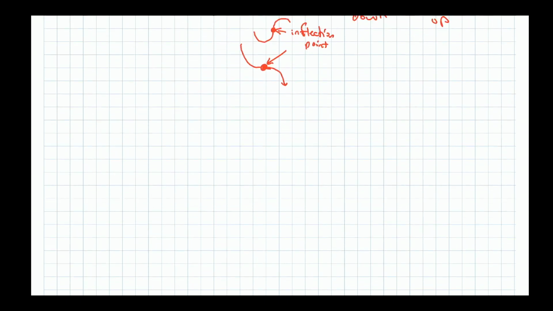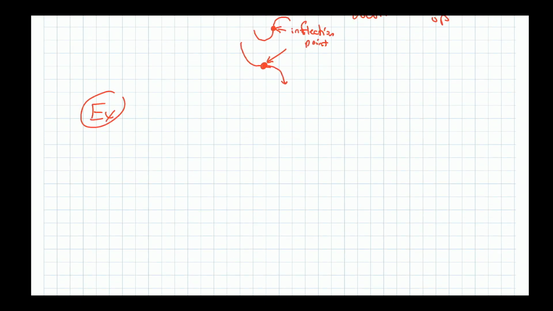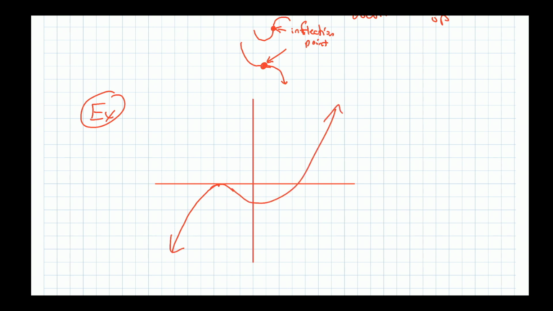Give you another one. They make you list out intervals for it as well. Give you a function like this. They say select all the intervals over which the graph is concave up. And what do they mark here?